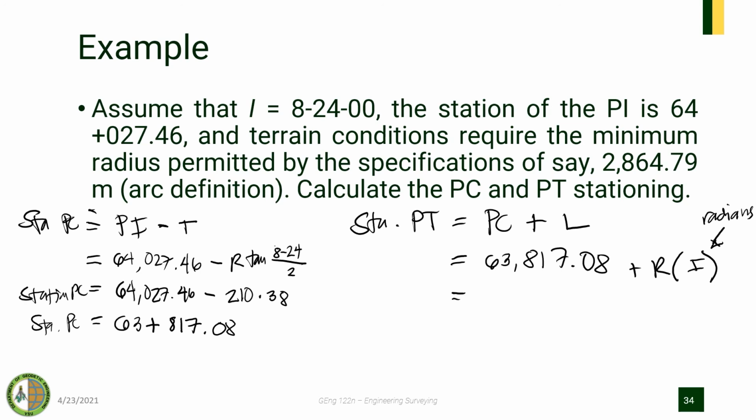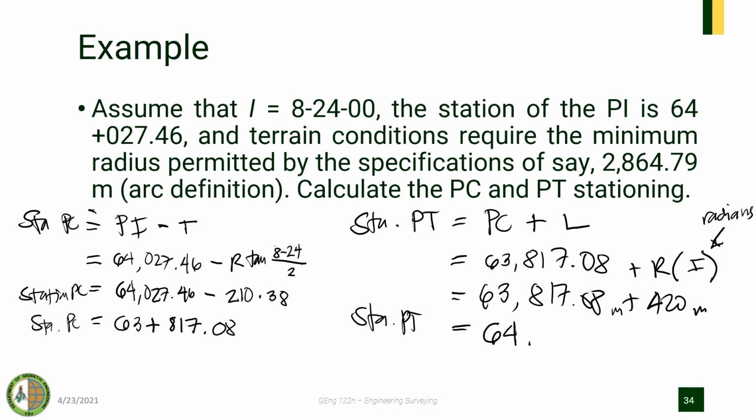So the equation becomes 63,817.08 plus 420 meters. Now station PT is equal to 64 plus 237.08.